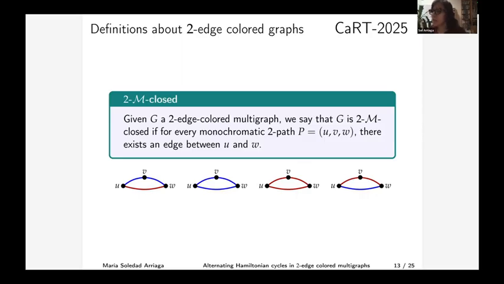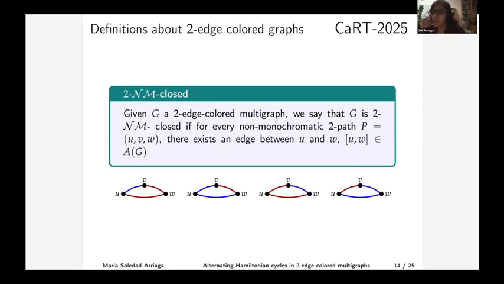And similarly, we define that G is a 2M closed multigraph if for every non-monochromatic two-path uvw, now non-monochromatic, it changes the color, u and w are adjacent. Again, it doesn't matter the color.